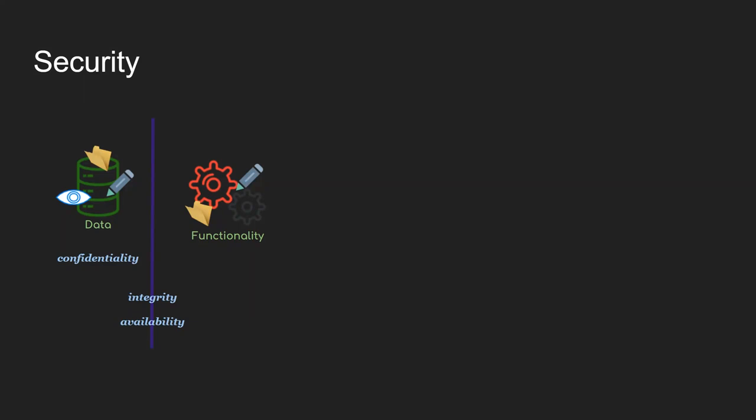Basically, we want to make sure that we are protecting data from prying eyes, that you can't see data that you shouldn't have access to, that things don't get tampered with, and that data is available to a user or a process of the system when they want it to be available. So these are some of the core things that we want to protect in a system.